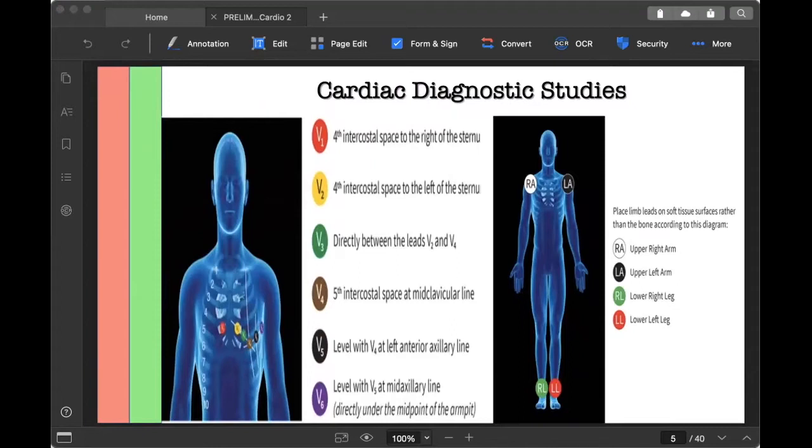We all know that this is the graphic representation of the electrical currents in our heart, and it is mandatory for you student nurses to know where to place these electrodes. You're going to place them accordingly and properly. You'll learn a lot of this in your laboratory, as well as during your exposure to the hospitals.